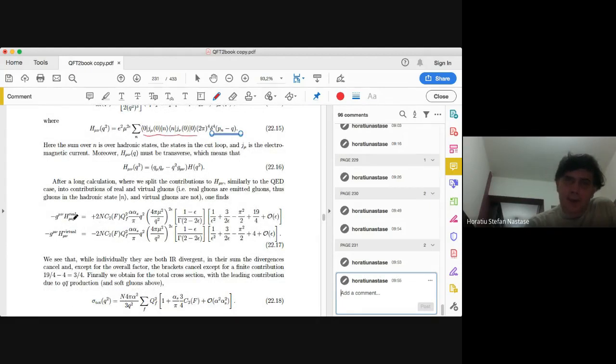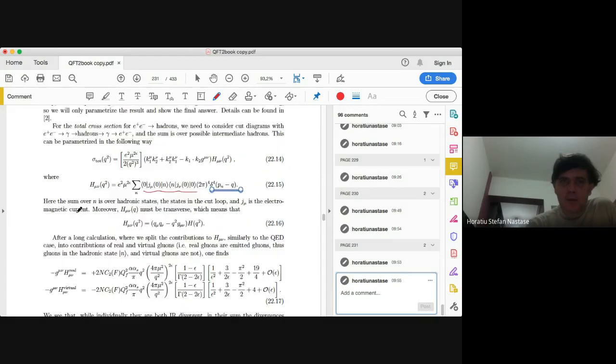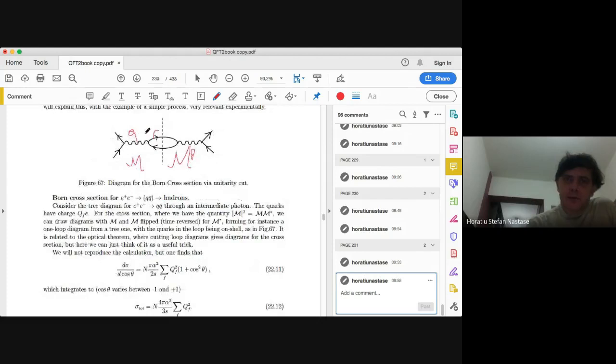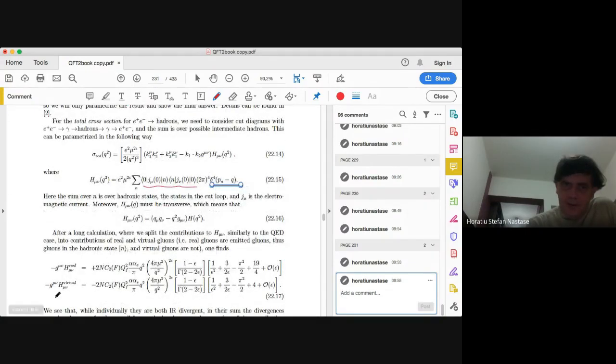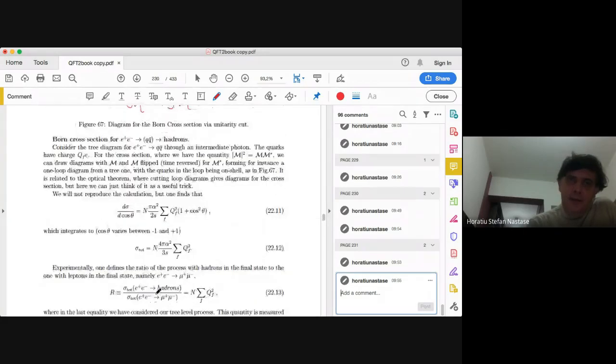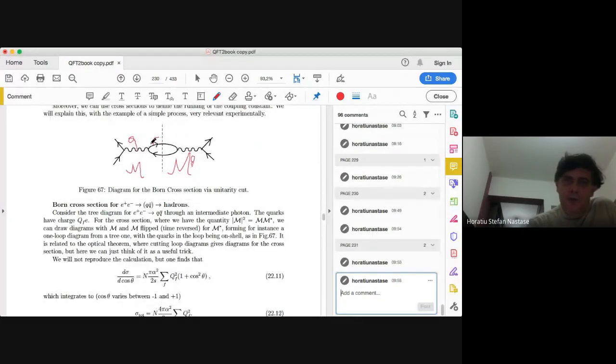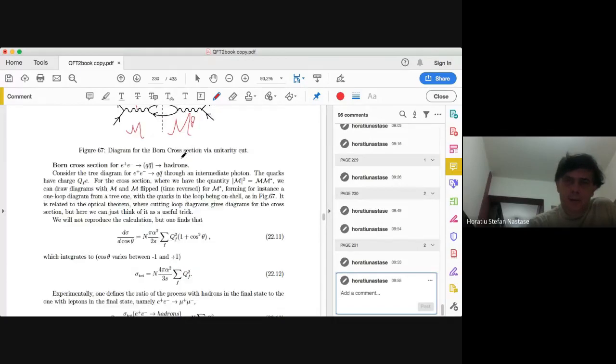So then I can calculate this result, h mu nu. The real part means the part that corresponds to emitted gluons, where I just put some extra emitted gluons, either from here or from here, correspondingly in M star as well. The virtual part means adding a loop to M and also to M star.